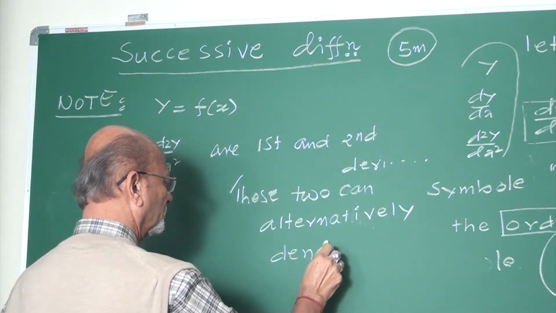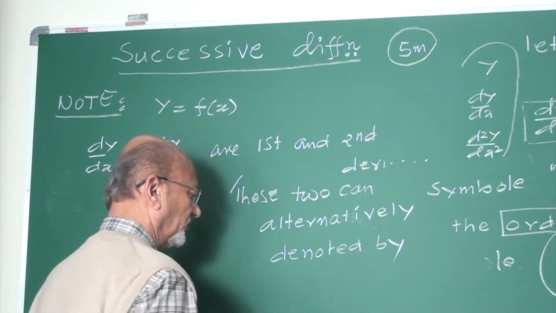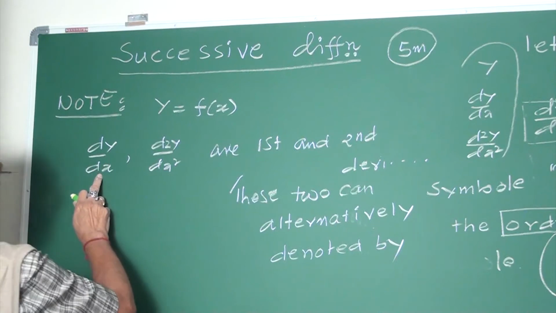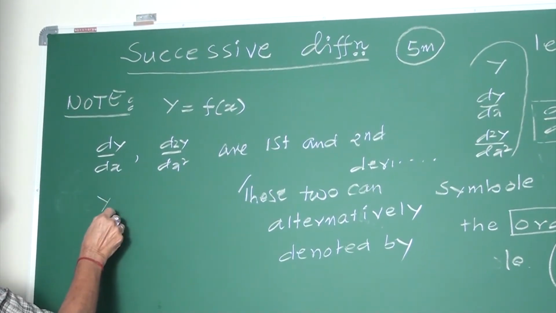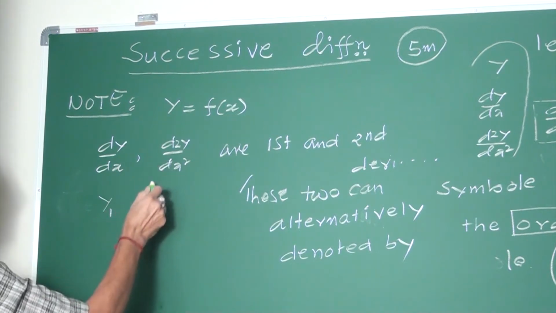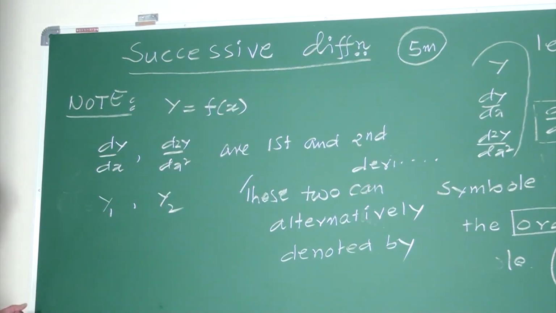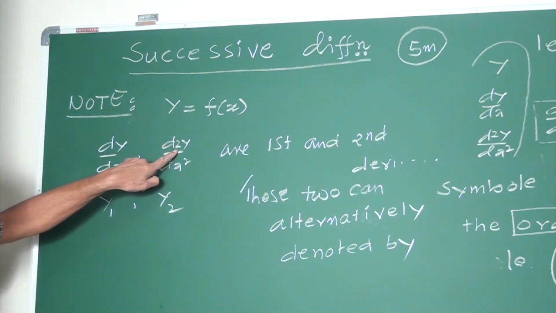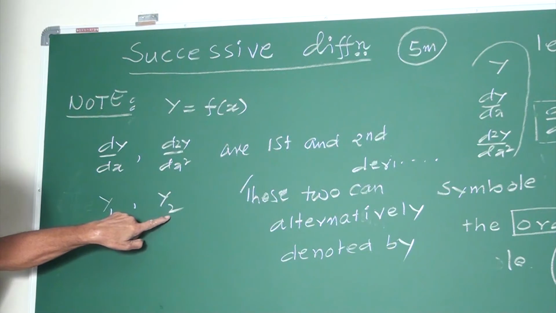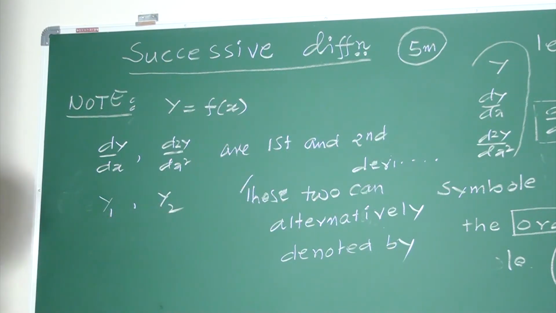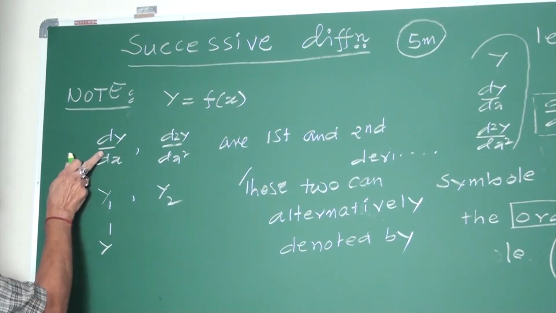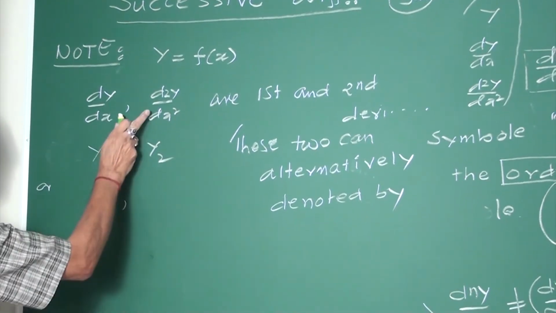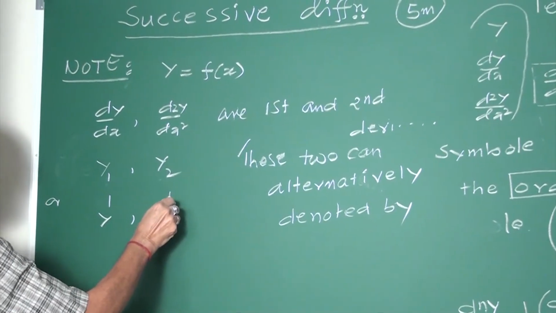This dy by dx has another symbol, y1. This is the first derivative of y. Another symbol, y2, is the second derivative, or y dash. First derivative: dy by dx, y1, y dash. d2y by dx2, y2 or y double dash.